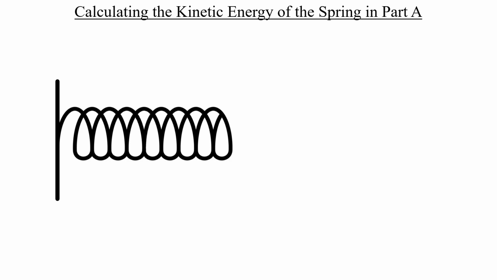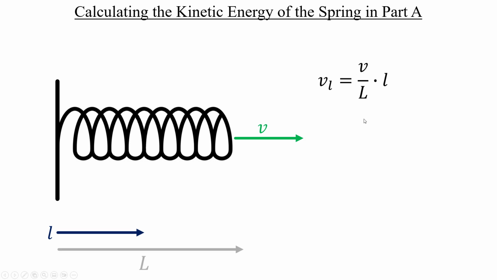If we want to codify that statement mathematically, here's how we'll do it. This says that the velocity of a chunk of the spring at some length away from the base, which is lowercase l, is equal to the ratio of the maximum speed found at the end of the spring to the entire length of the spring, multiplied by how far away from the base the chunk is located.